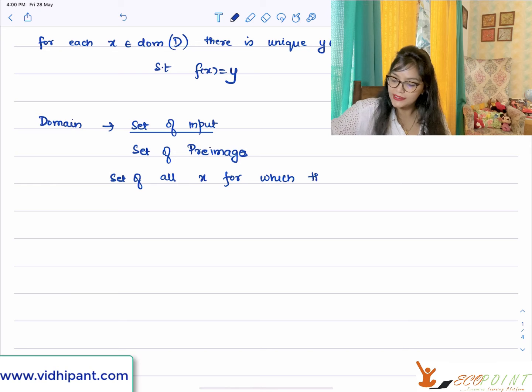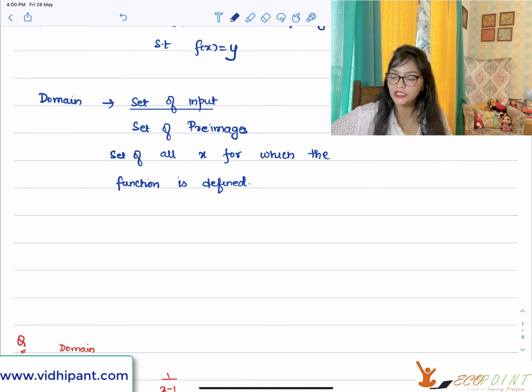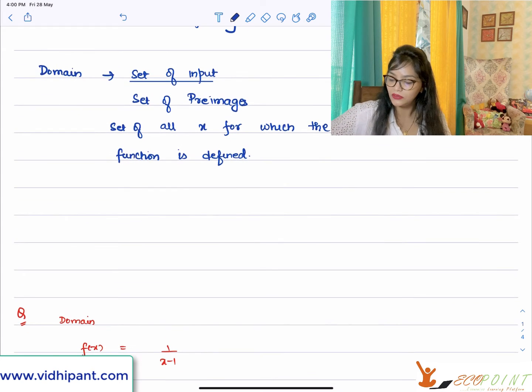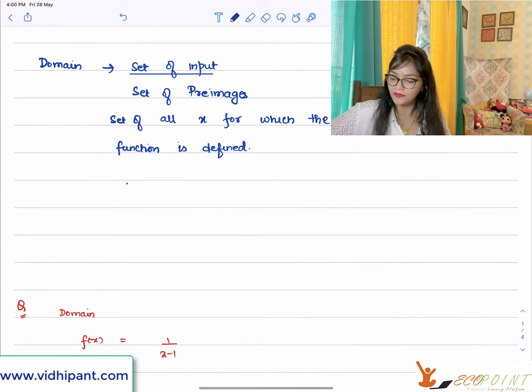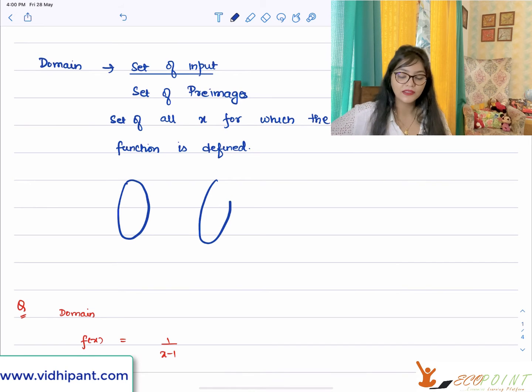Or in other words, the set of all x's for which the function, or the algebraic expression, the functional notation, is defined. It's well defined. So the function needs to be defined for all those x's. This is the kind of scenario that you have.